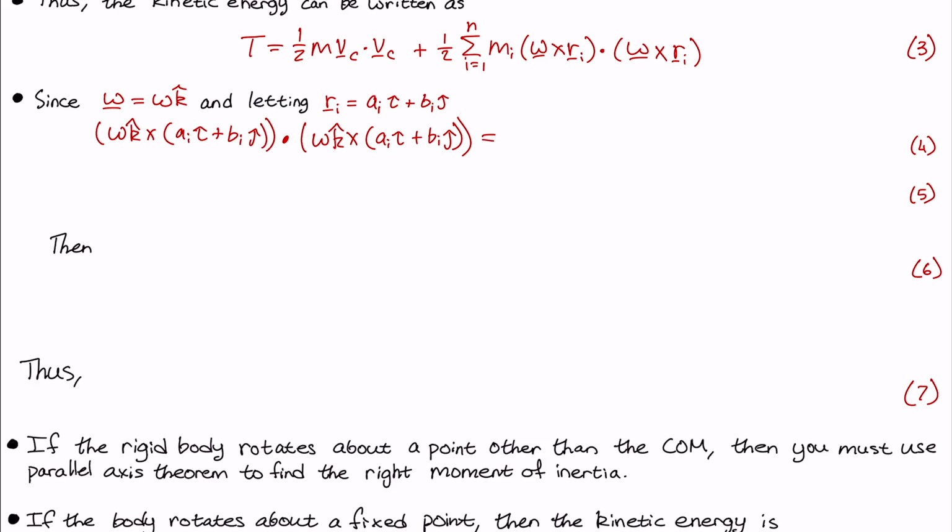You can carry out these cross products and then you'll get ai omega in the j hat direction minus bi omega in the i hat direction. And again, dotted with itself.